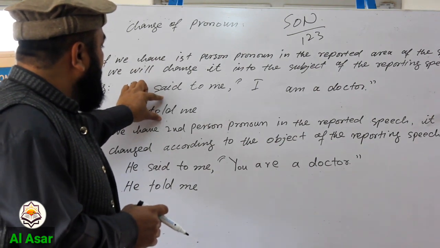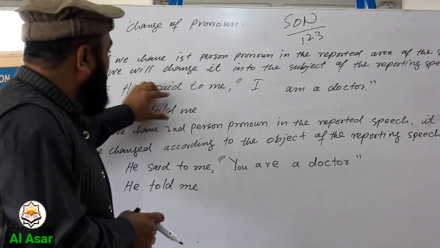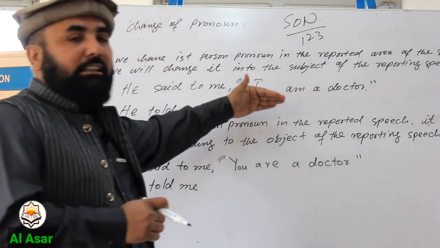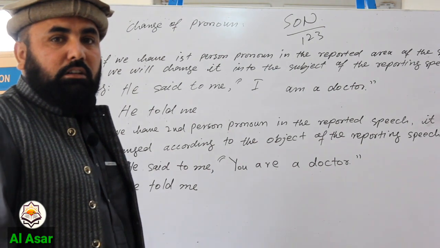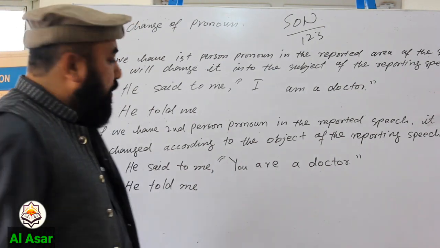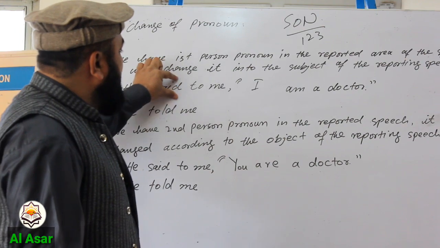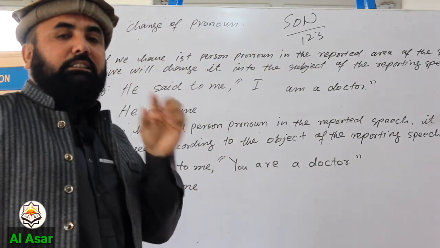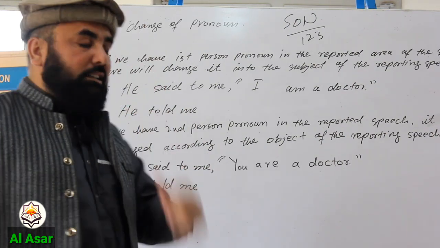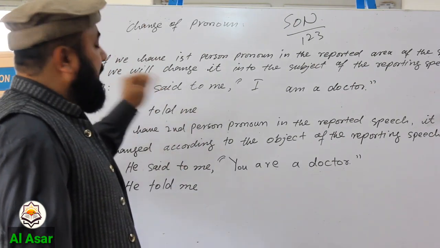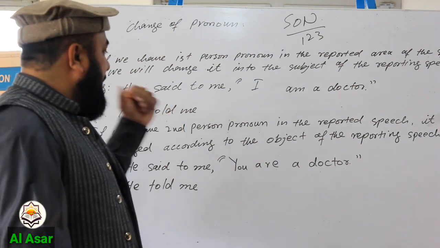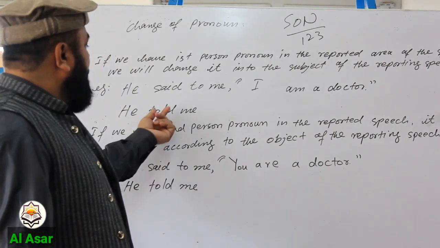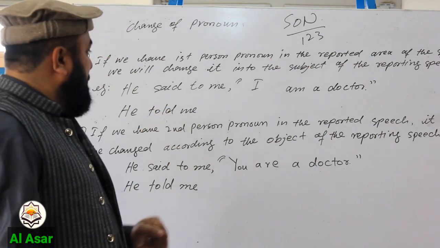But we use told or tell in indirect speeches because it is converted here into a description, into a story. This is special only for the exact words of the speaker. When the exact words of the speakers are quoted, we use said instead of tell. But when we change it into indirect speech, we use tell or told.